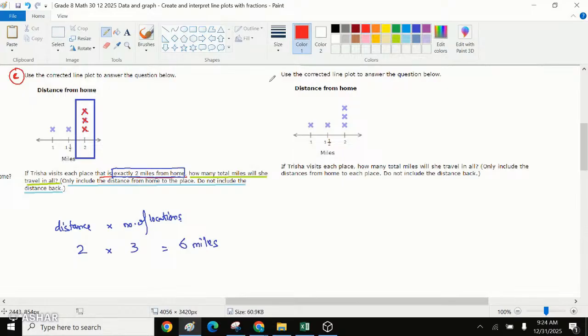In the fourth part of this question, the continuation, use the corrected line plot to answer the following questions. If Trisha visits each place, she's going to all 5 places. How many total miles will she travel in all? And we still have the same requirement that we need to ignore her coming back.